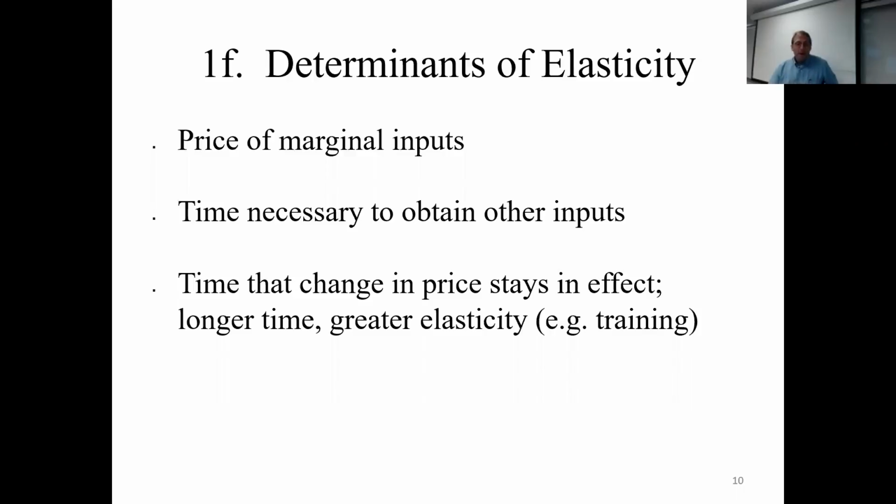And then finally, the time that the price change stays in effect. If the wages of doctors go up briefly, we're not going to see much of an effect. But over time, more people are going to go into medical school over biology. Now, this is just another interesting tidbit.